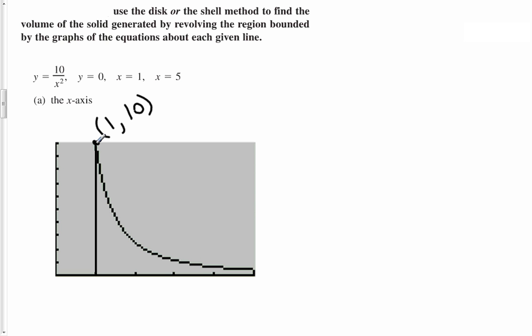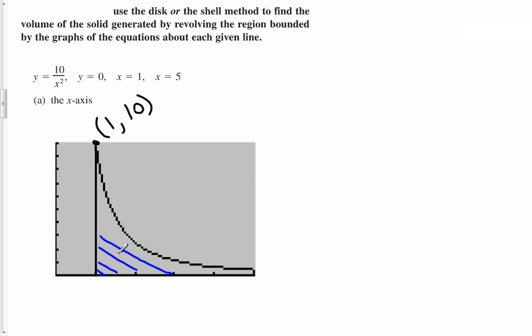So that point at the very top there is the point (1, 10). So the x values range from 1 to 5, and the y values range from 0 to 10 for this region, and I'll shade in the region here. This is the region that we're talking about.